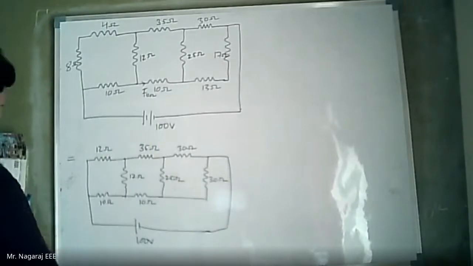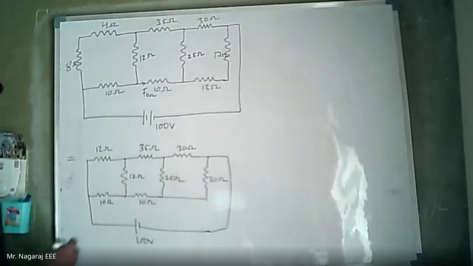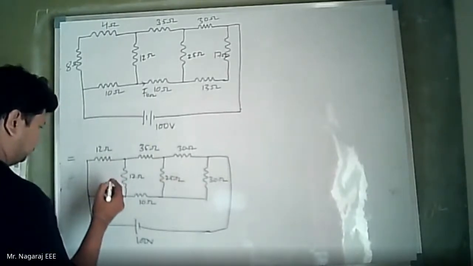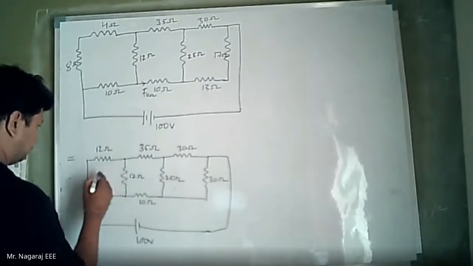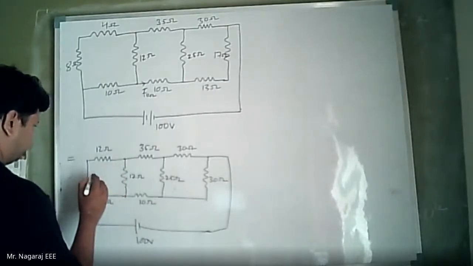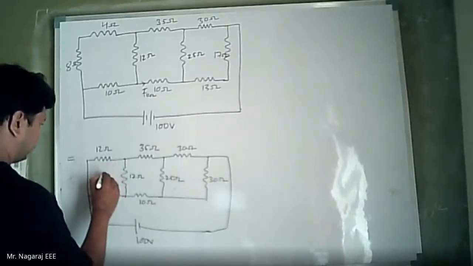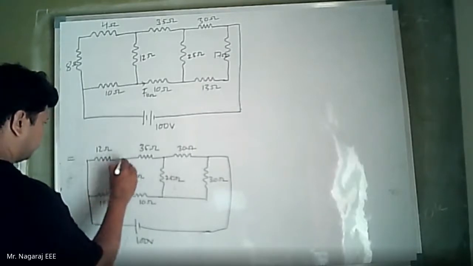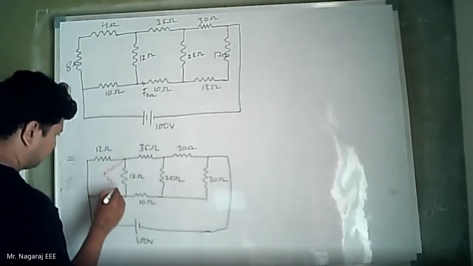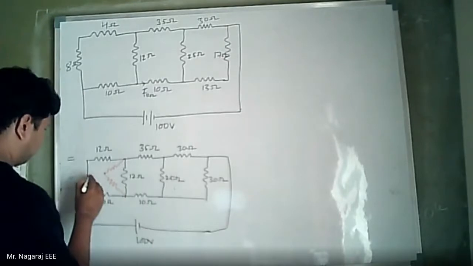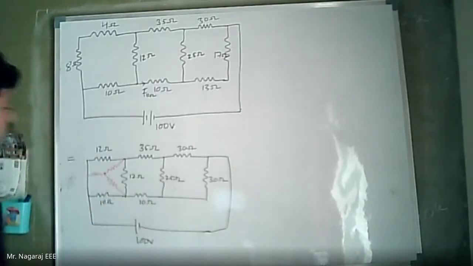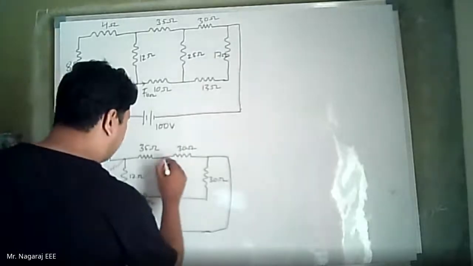So equivalently I can show here: this is one star connection, and here I can have another star connection.